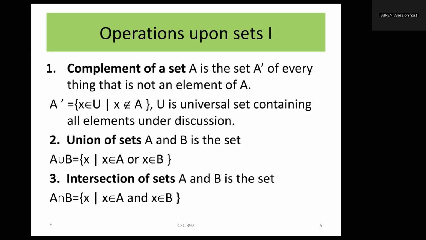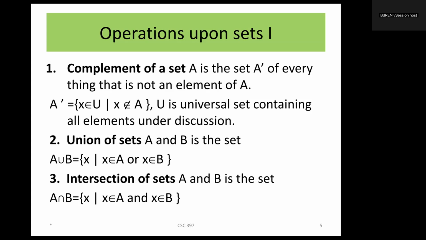So common and uncommon elements will all be members of A union B. And if we talk about the intersection of sets, A and B give the set A intersection B. That means x belongs to A and x belongs to B. That means in the intersection set, we always take what?